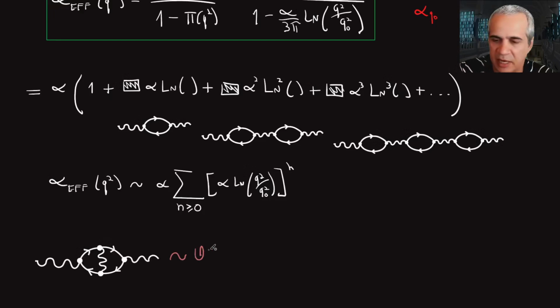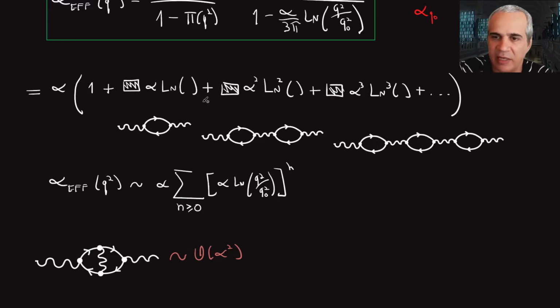That means this guy is order alpha square. And again, these wiggles here mean I'm ignoring the numbers, the factors of pi and whatnot. But I'm only really worried about this alpha and the logs. So this is not really the usual perturbative truncation of my series.